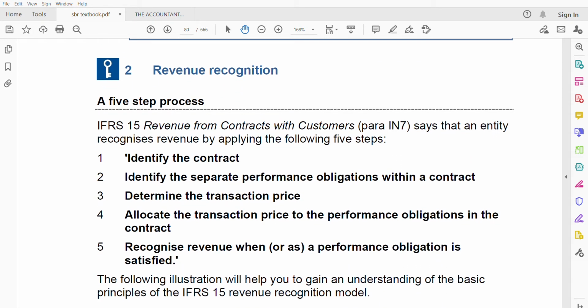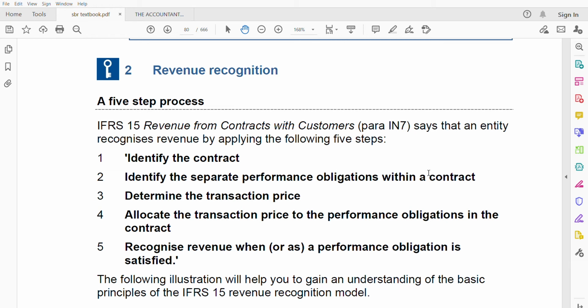So these are the 5 steps and it is in order. And we are going to go in detail in all of the 5. How to identify the contract, then the second step, third step, fourth step, fifth step. First of all, identify the contract. You need to identify that there's a contract. Second, you have to identify the separate performance obligations within a contract.